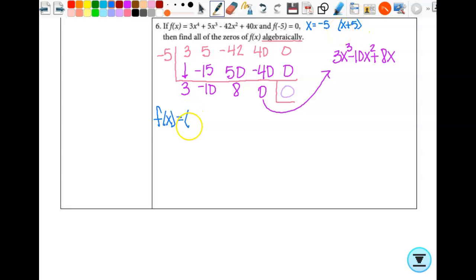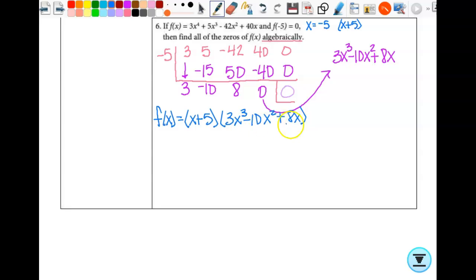So I'm going to start off with that x plus 5 times what I got from here, which is 3x cubed minus 10x squared plus 8x.